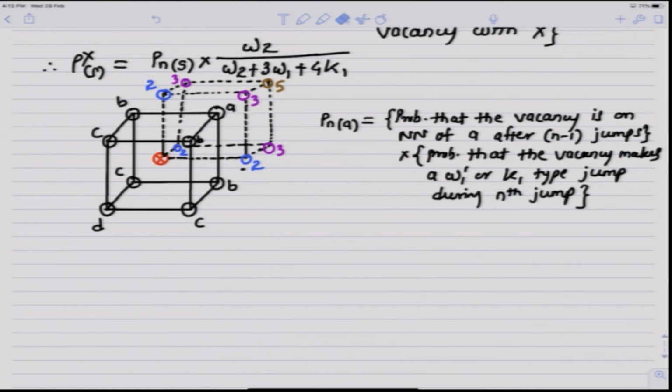Okay. So, let us first evaluate the omega 1 prime type of jump, that is from the second nearest neighbor, and then the k1 type of jump. So, we write Pn of A is equal to.